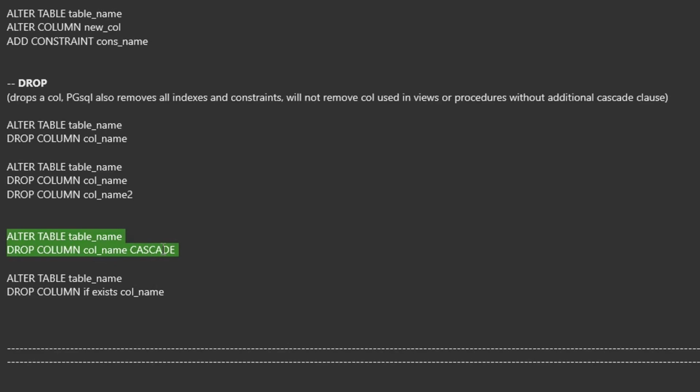This cascade clause will help to drop the column information not only from the table itself, but it will also remove the details from all the views or procedures where the detail of that column is reflected. Another way of using the drop statement would be mentioning drop column if exists, then the column name. It checks if the column exists within the table, and only then will it drop. Otherwise, no changes will be made to the data.